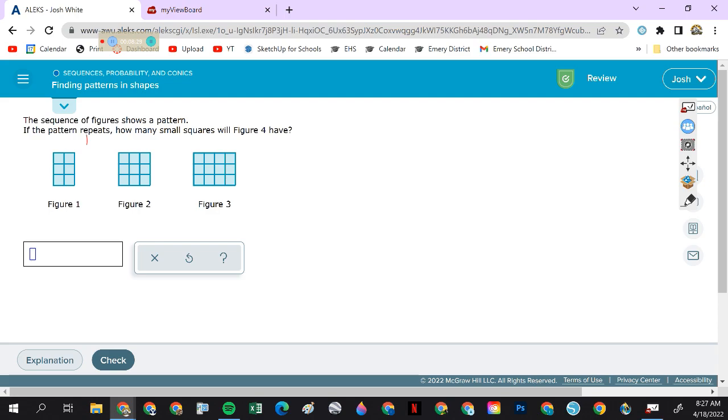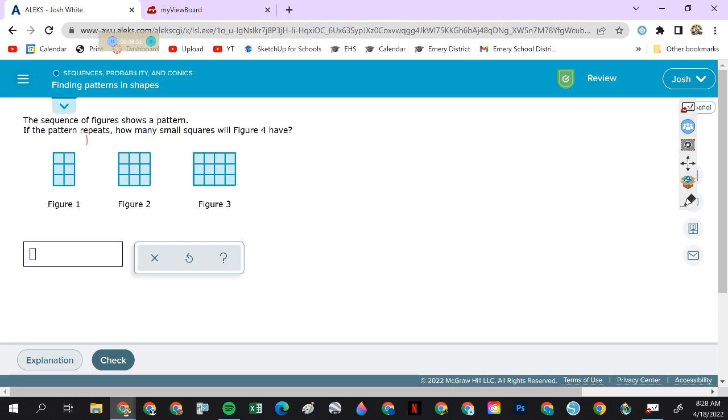What is the change between one picture and the next? It gets bigger. In which direction? We add 1 column in the width, which adds an additional 3 blocks. Whether it's on the left or the right doesn't really matter.